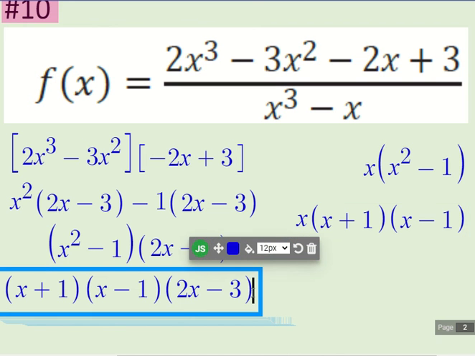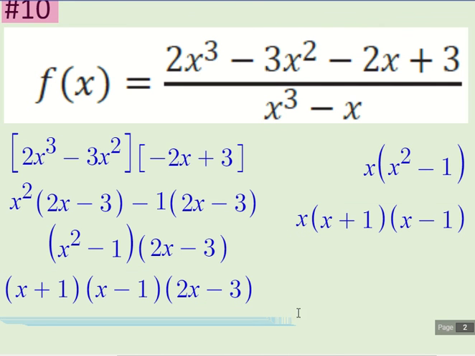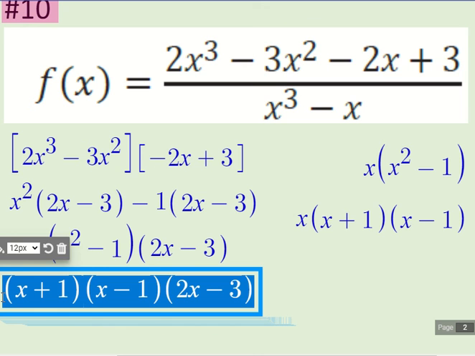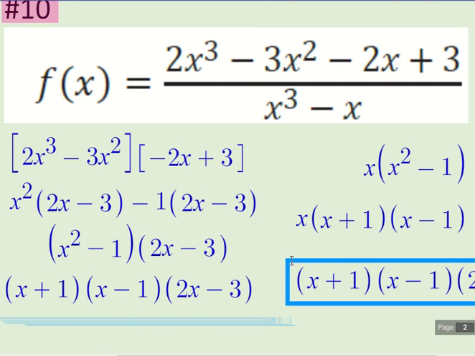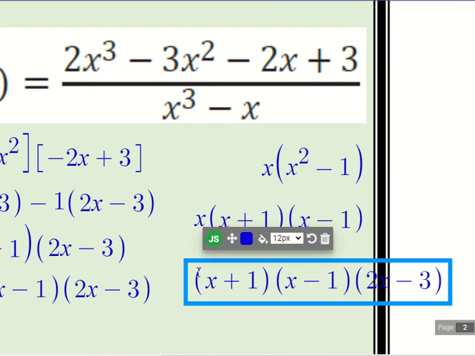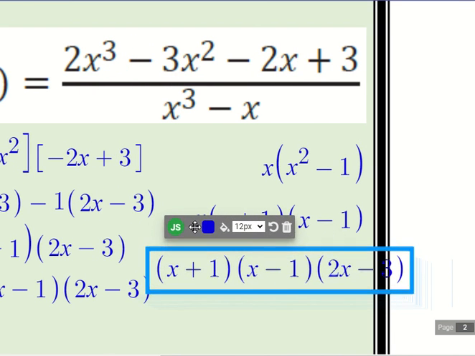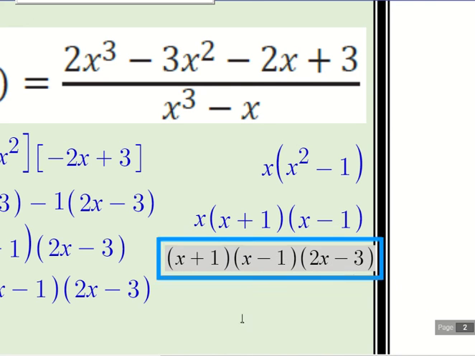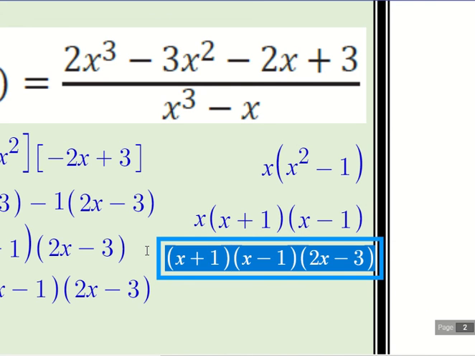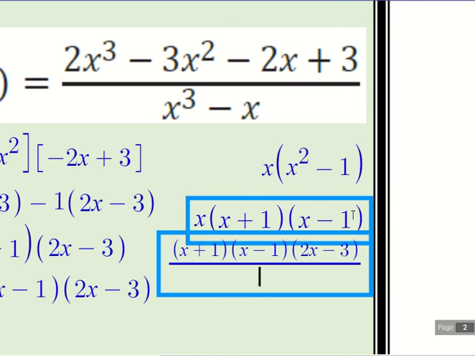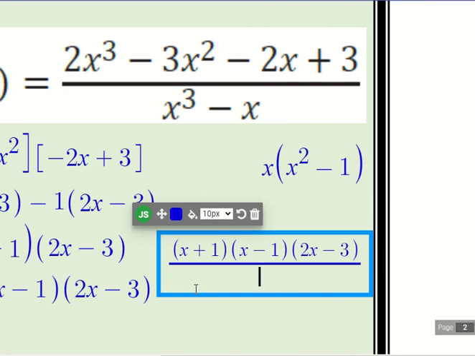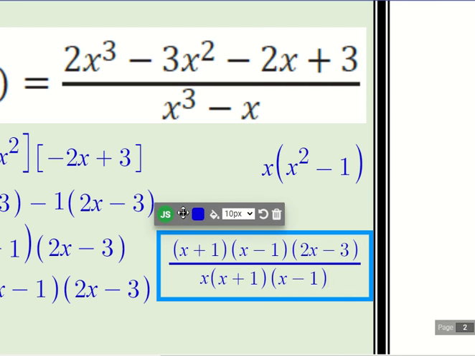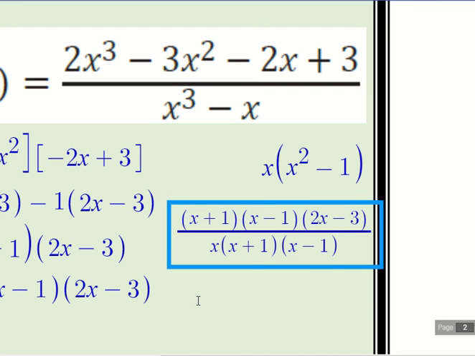So now I can take this, make it the numerator like it's supposed to be, and then this becomes our denominator. And there's our rational expression.